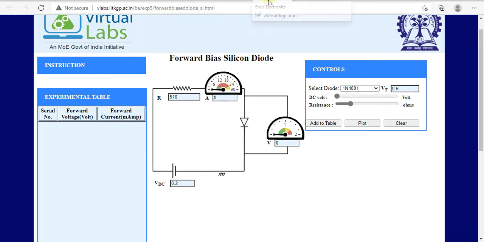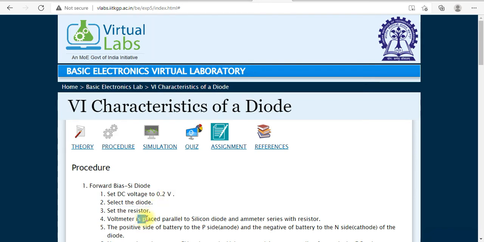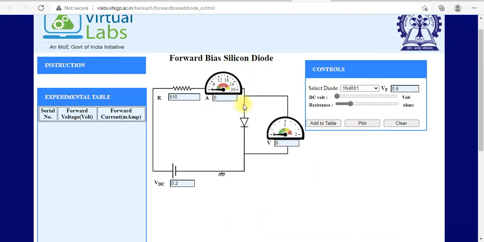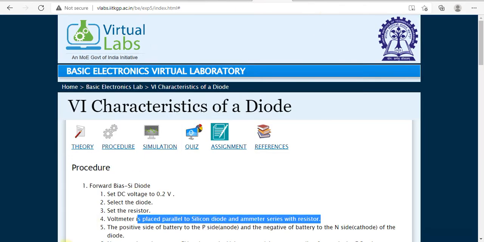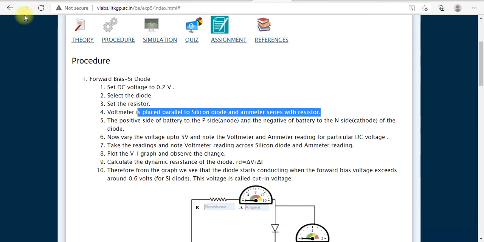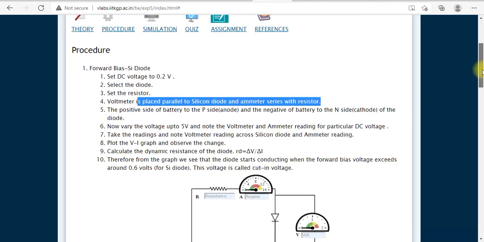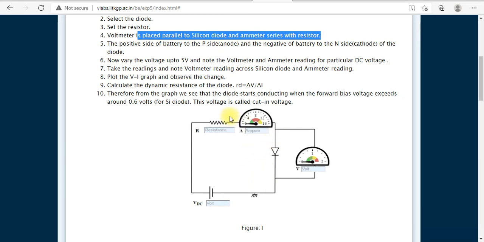Now just look: the voltmeter is placed parallel to the silicon diode and the ammeter in series with the resistor. This is the voltmeter, parallel with the silicon diode, and the positive side of the battery is connected to the P side, the anode, as it is here.